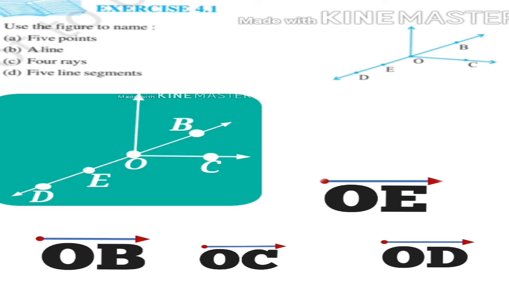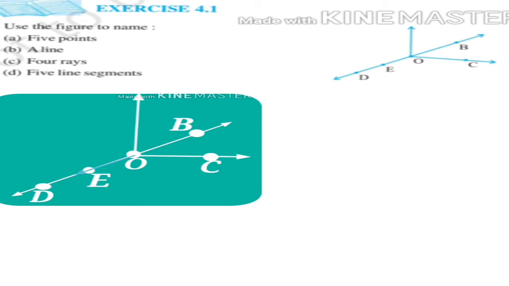Now we identify 5 line segments from the same diagram. So let's start from the first line segment. A line segment has 2 endpoints, one starting point and one end point.